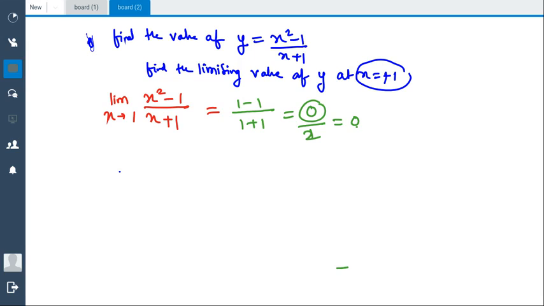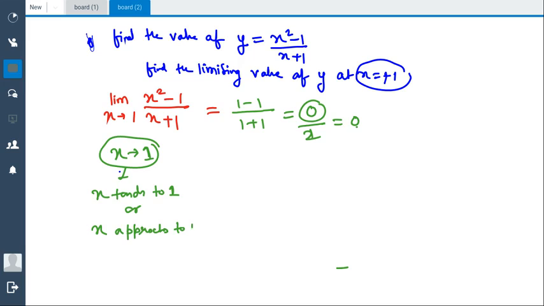So basically, what does x tends to 1 mean? It says that x tends to 1, or you can say that x approaches 1. So x tends to 1 is never equal to 1. So here the 1 we are putting can be 1 plus, or it can be 1 minus.